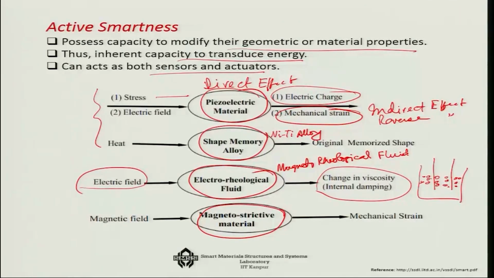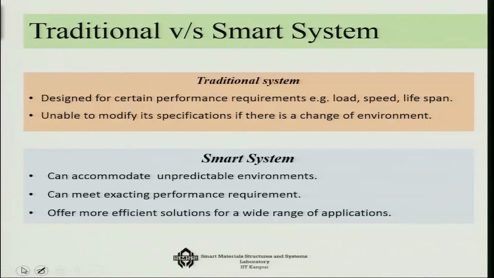Now the magnetic field can also be used to generate mechanical strain, and that happens for a group of materials like Terfenol-D: terbium, iron, and some amount of dysprosium can actually bring this change. So there are a whole lot of smart materials which manifest these types of very interesting changes.